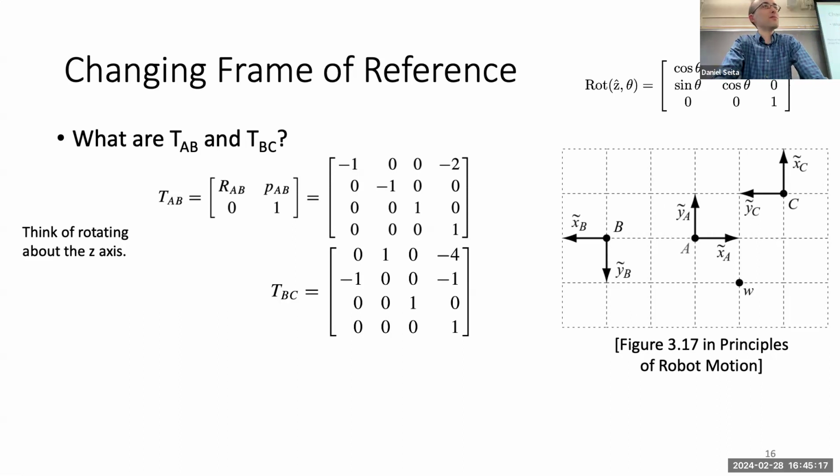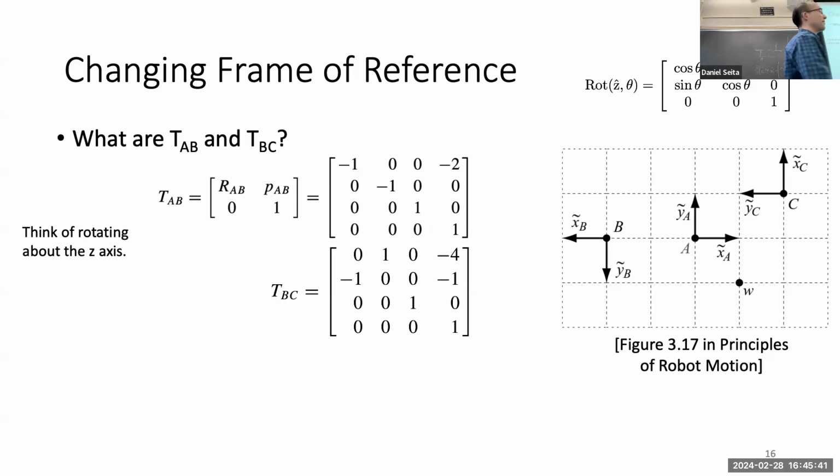What about the rotation? What's the rotation here? Again, it's minus 90 degrees. Or it's minus 90, but I like to think of it in positive rotation, so positive 270.